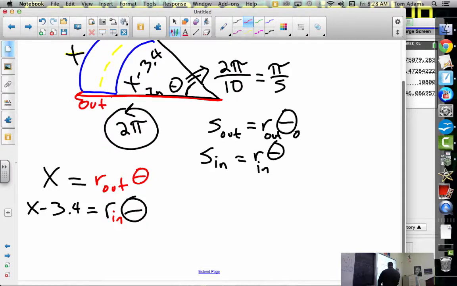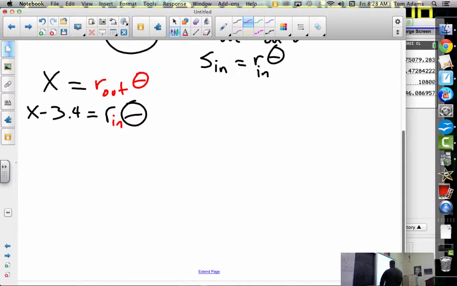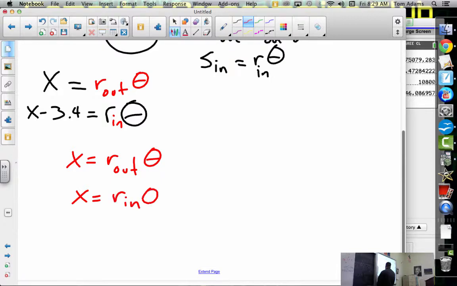Now, I take both equations and set them equal to x, because x is the same for both of them. I have x is equal to the radius on the outside times theta, and x can also be equal to the radius on the inside times theta plus 3.4.